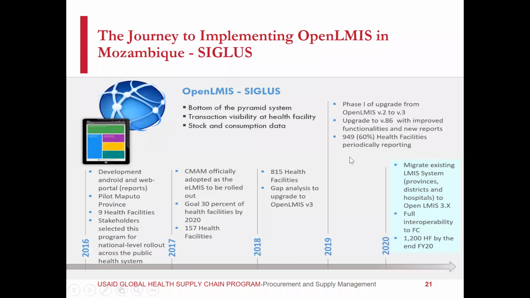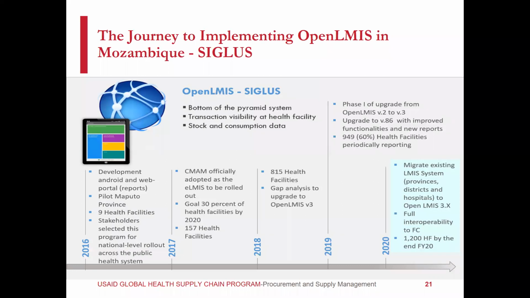At that time, the goal was to reach 30% of health facilities by 2020. We are talking about 473 health facilities. In this year also, we already had 1,157 health facilities using OpenLMIS.